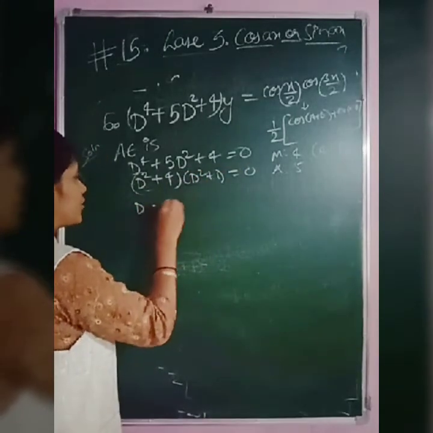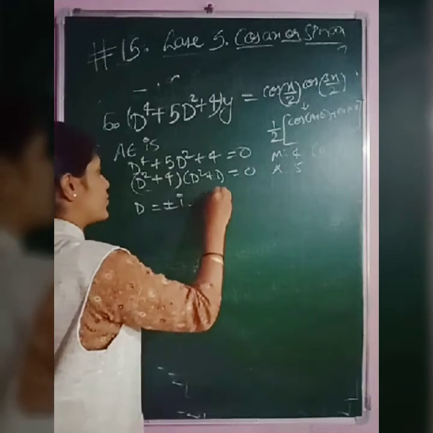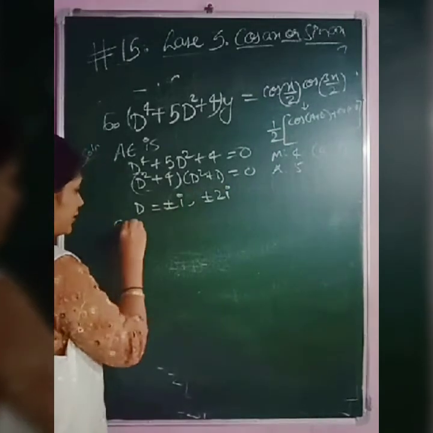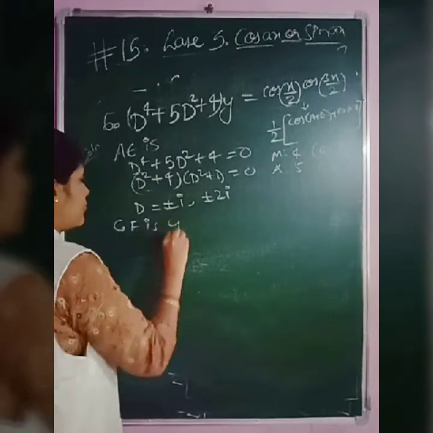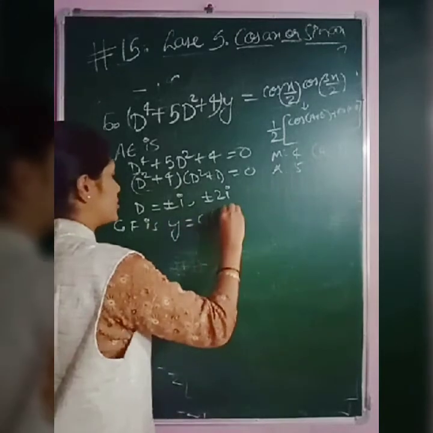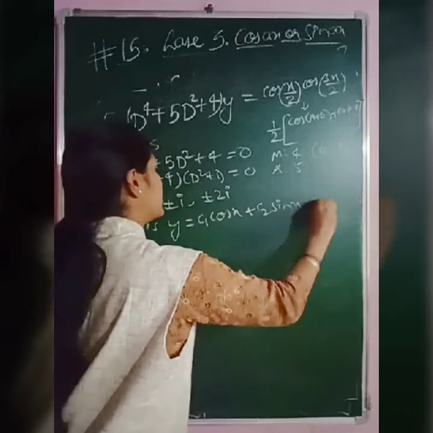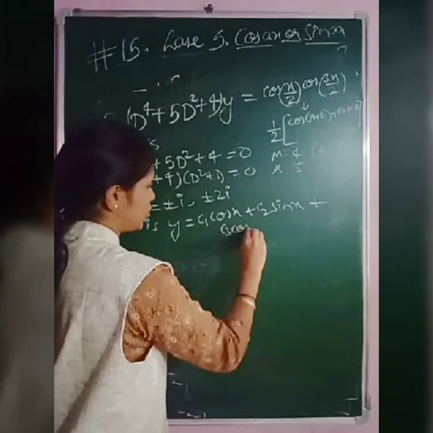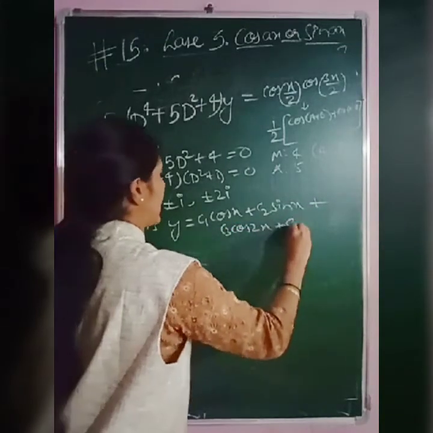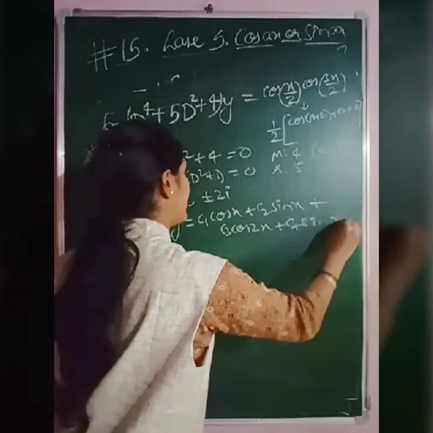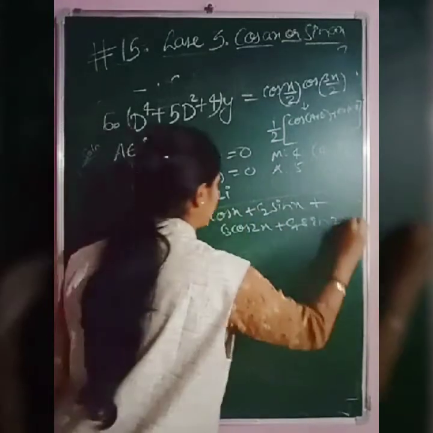D equal to plus or minus i, plus or minus 2i. Complementary function is y equal to c1 cos x plus c2 sin x plus c3 cos 2x plus c4 sin 2x. Right? So this is nothing but CF.